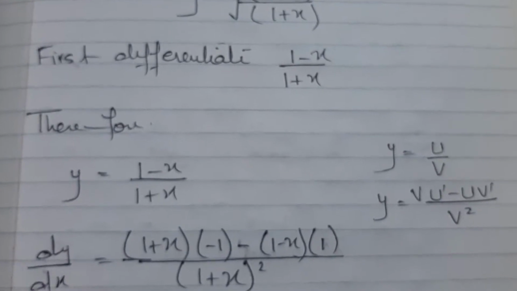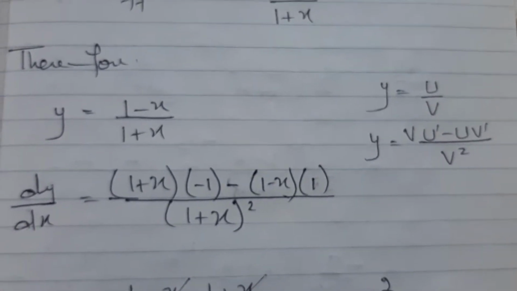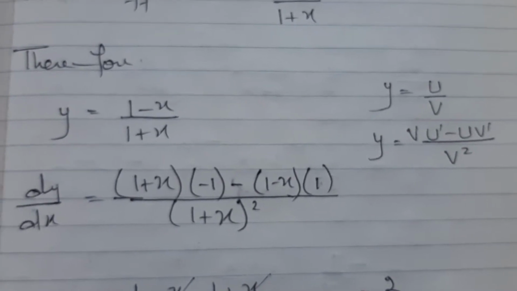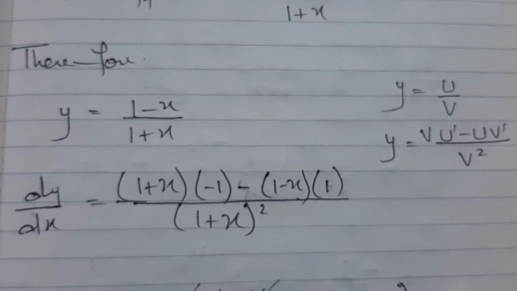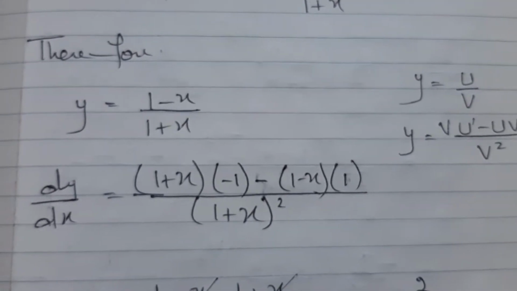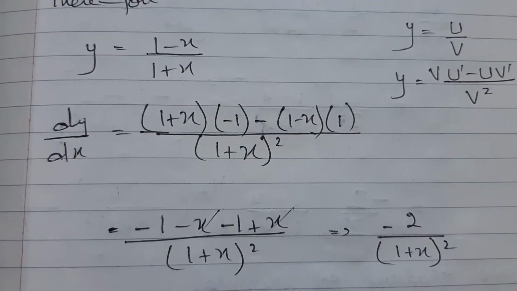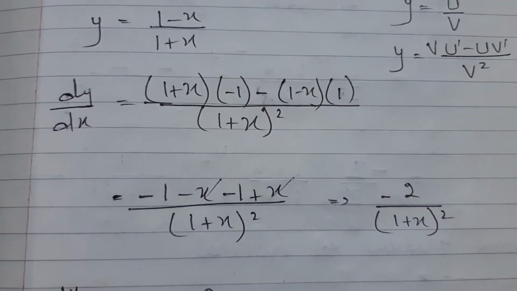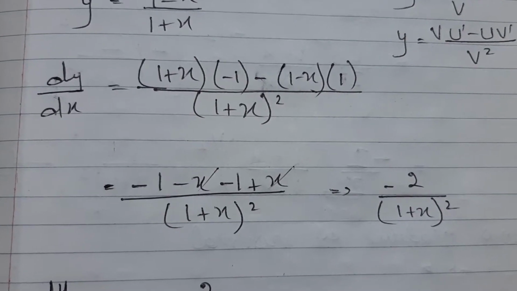Most students find this part easy. The quotient rule is (v u prime minus u v prime) over v squared. Applying that formula here, I ended up with minus 2 divided by (1 plus x) whole squared.